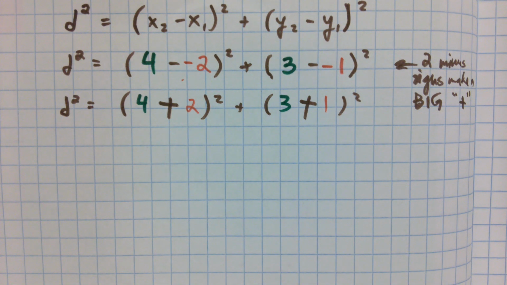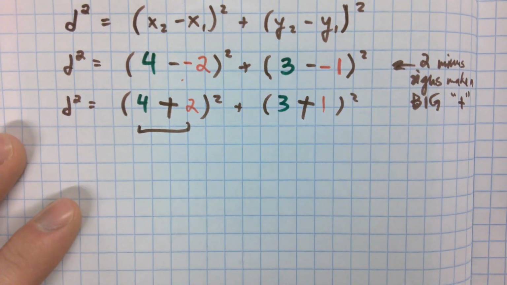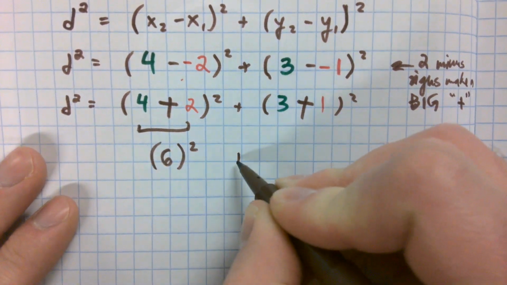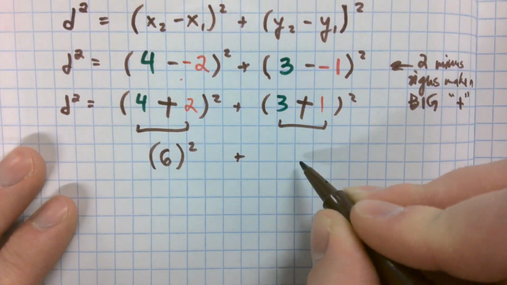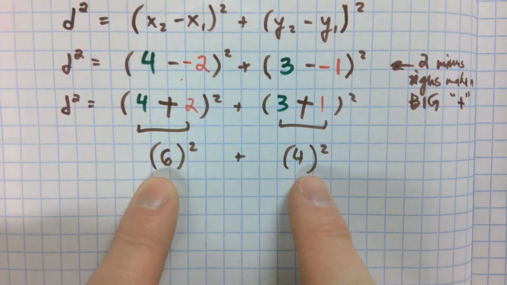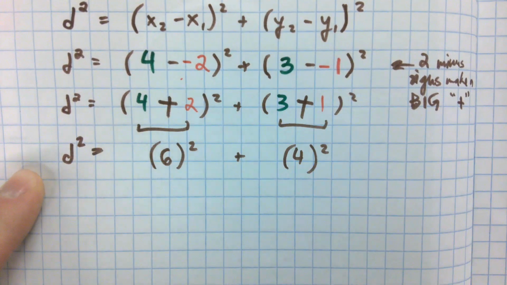I'm going to follow PEMDAS now and solve inside the parentheses. What would 4 plus 2 give me? 6. What would 3 plus 1 give me? 4. I still have to square them, and this is all still equal to d squared.